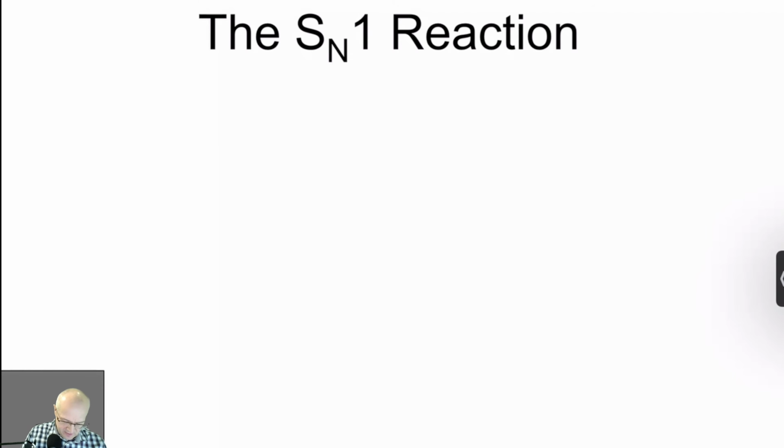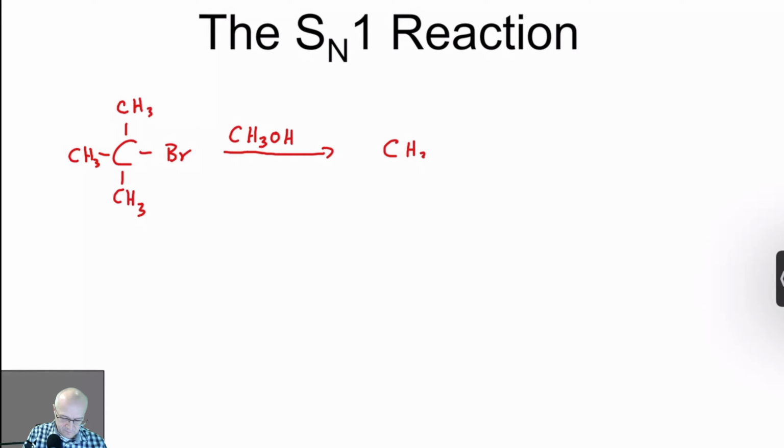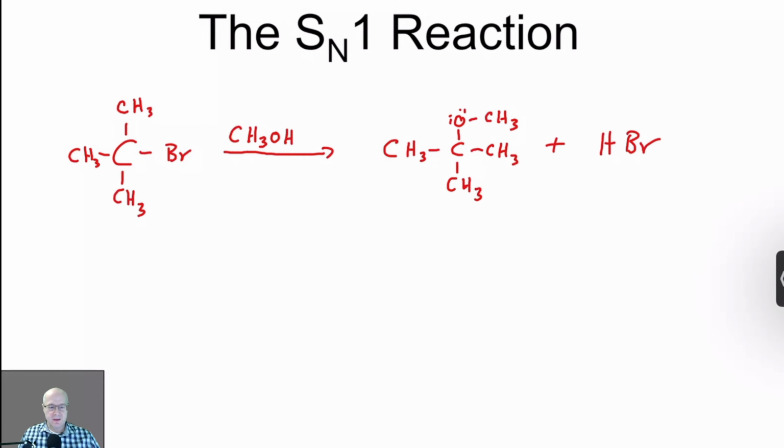The quintessential SN1 example that everyone talks about is this one: tertiary butyl halide in a polar protic solvent will give you an ether, plus HBr. That's the quintessential example of an SN1 reaction.